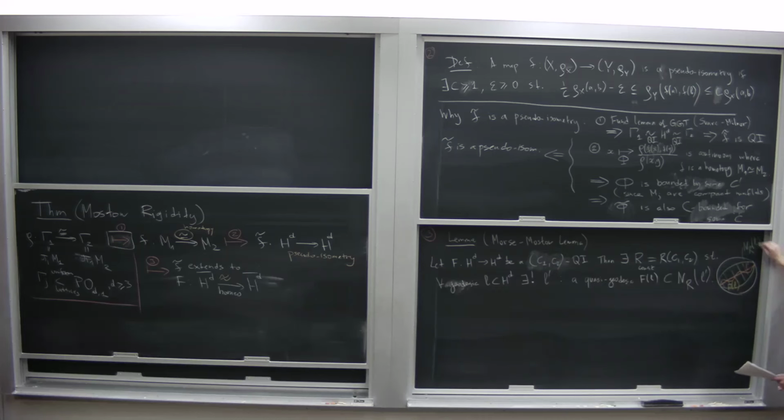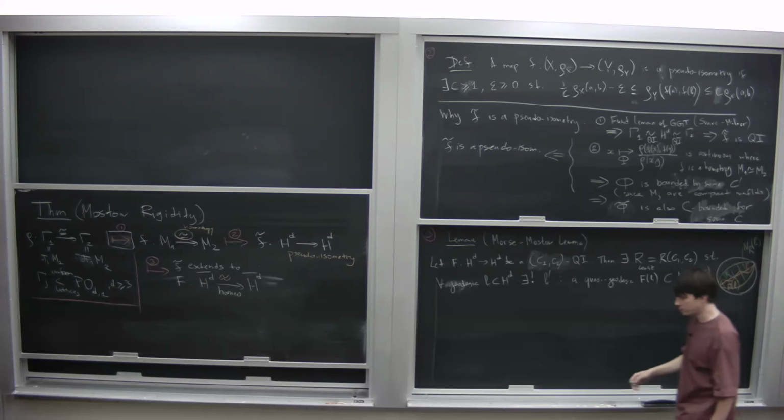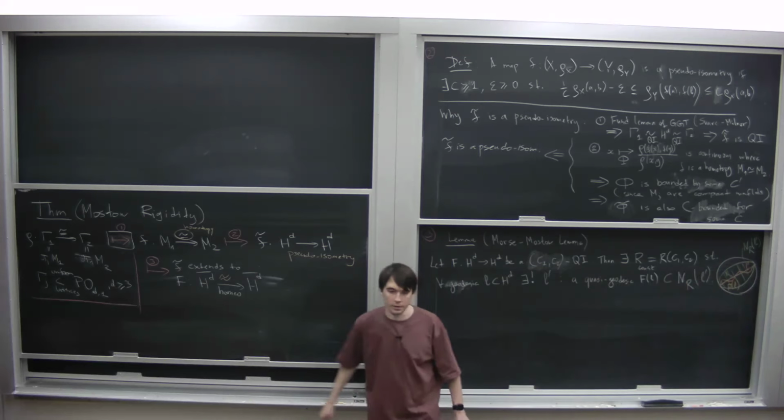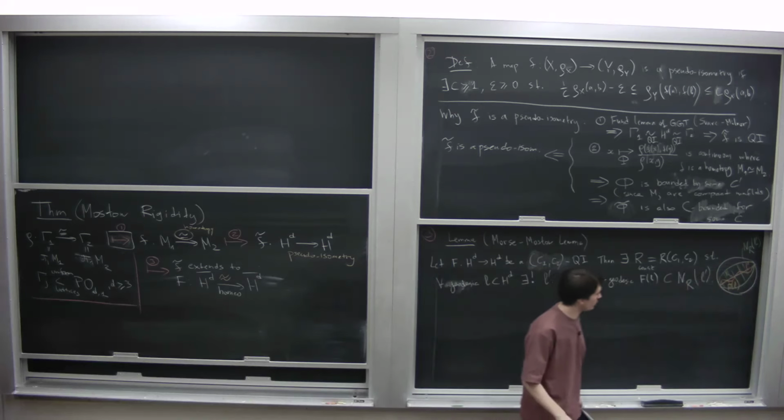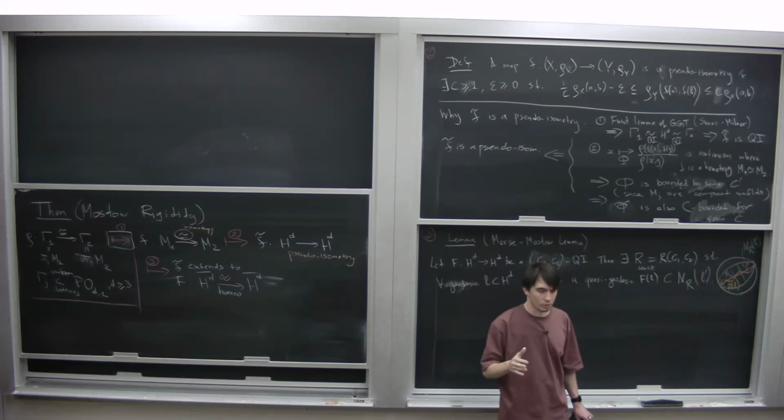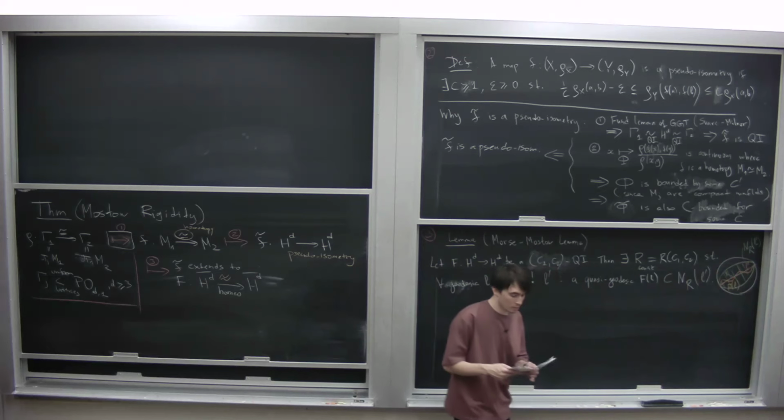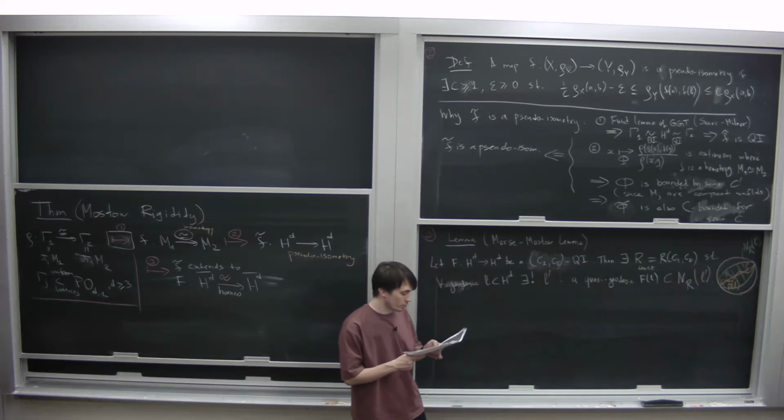I hope the picture is visible. This distance, from this red line L prime, is bounded by R, right? So roughly speaking, I have a geodesic that coarsely approximates my quasi-geodesic, right? This is the generalized Morse lemma.